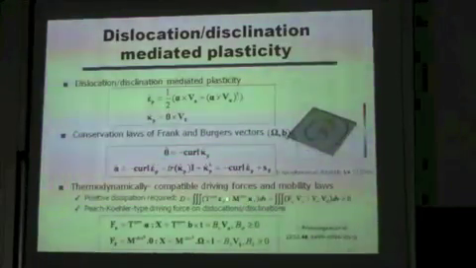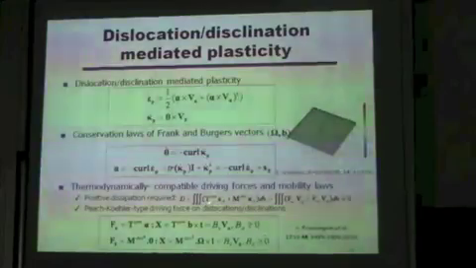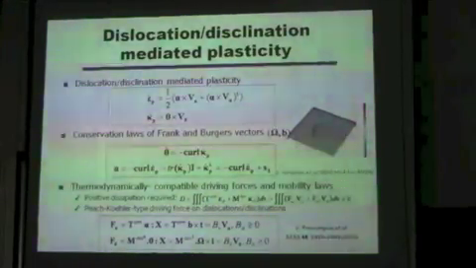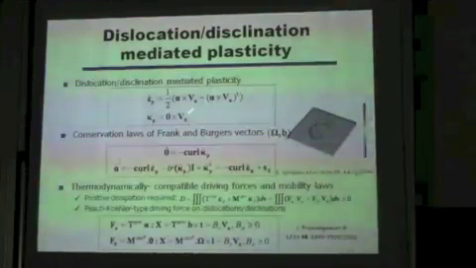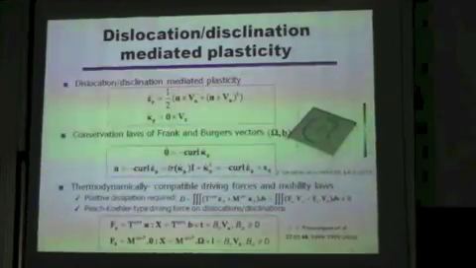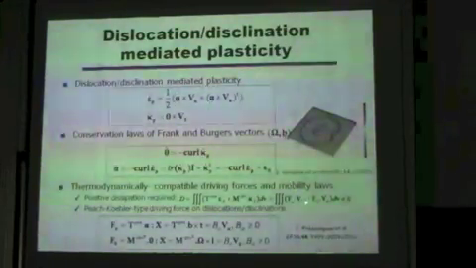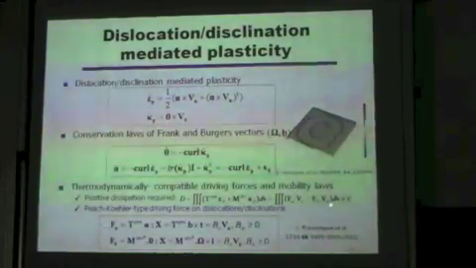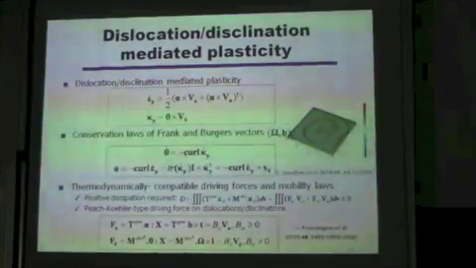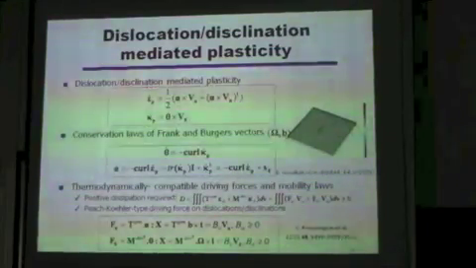So the dual terms are the symmetric part of the stress tensor and the deviatoric part of the couple stress tensor. So using this, I can extract the velocity of dislocations and disclinations, and the conjugate factor would be the driving force.